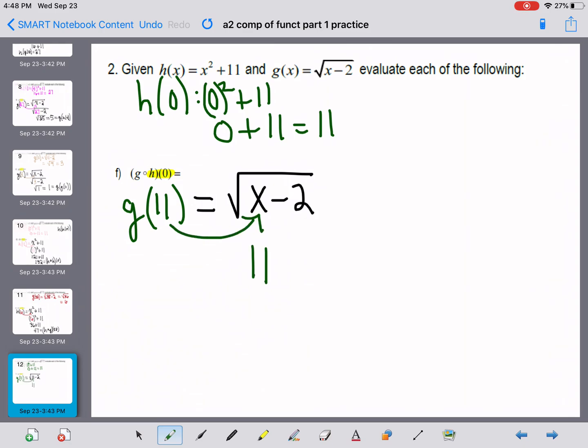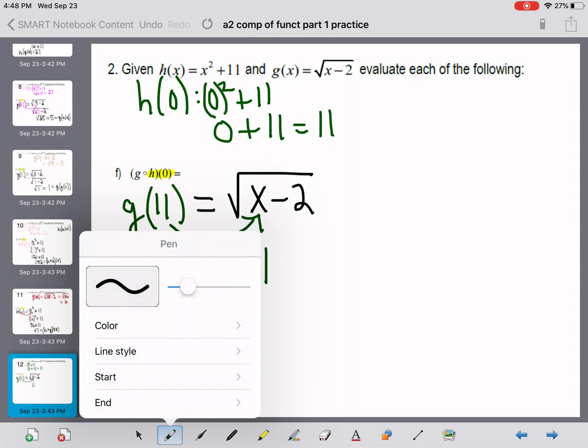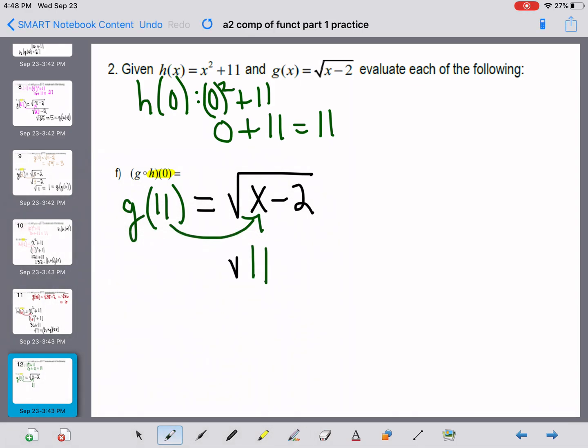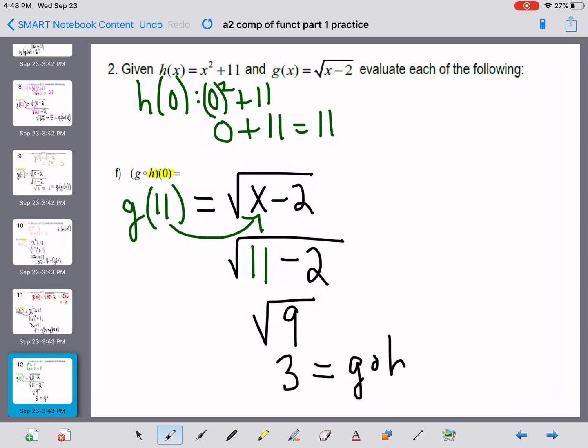So it's going to be 11 minus 2. The square root of 11 minus 2, 11 minus 2 is 9, and the square root of 9 is 3. And that is what g of h of 0 is.